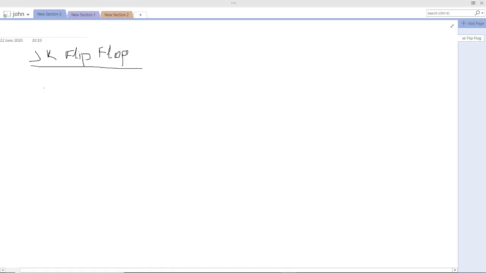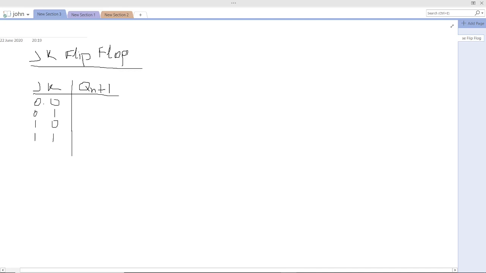But let's see now the truth table for the JK flip-flop. You have 2 inputs and 1 output, which is Qn plus 1. You complete the inputs 0, 1, 1, 0 and 0, 1, 0, 1.